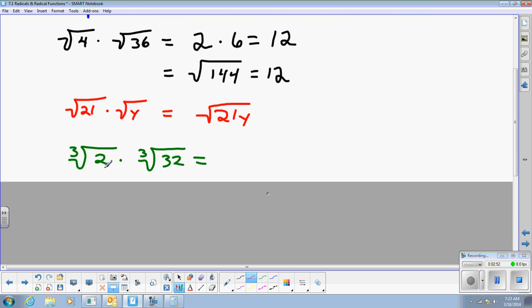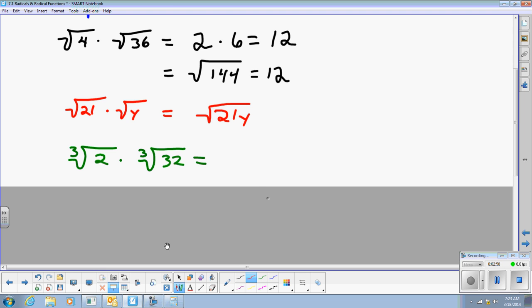All right, now here's a cubed root. The cubed root of 2 times the cubed root of 32. I will multiply the two numbers inside the radical sign. 2 times 32 is 64, so I actually want the cubed root of 64. And if you don't know that off the top of your head, then you're going to be looking for this function on the calculator again, like you'd have before.